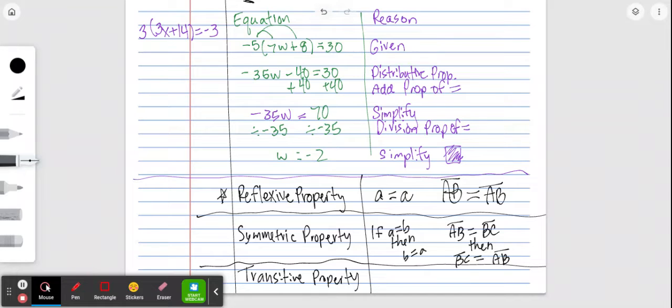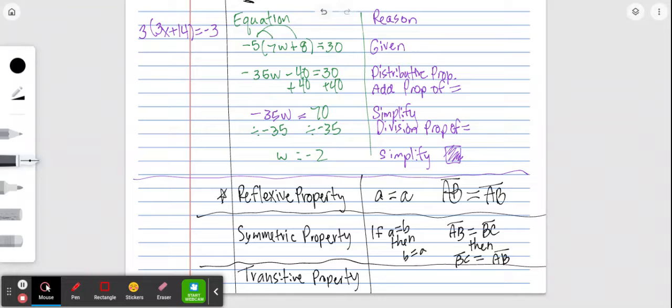Okay, and the reason for this is just because sometimes the proof wants you to have something written out one way versus another way, or sometimes it's just easier to look at it one way or another way. Okay, so symmetric means that you can flip it around. The transitive property is a little bit different. It's kind of like the law of syllogism.